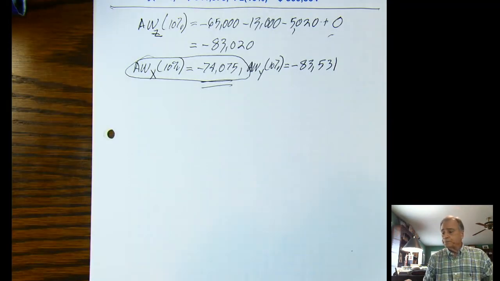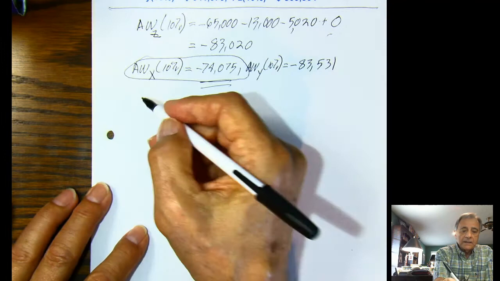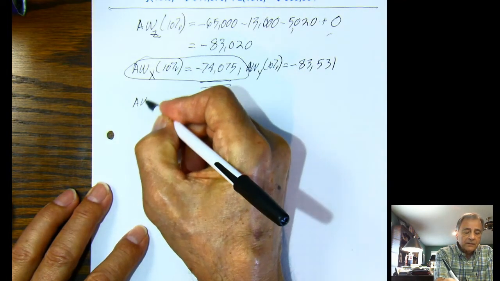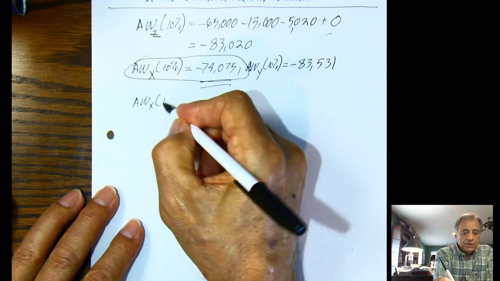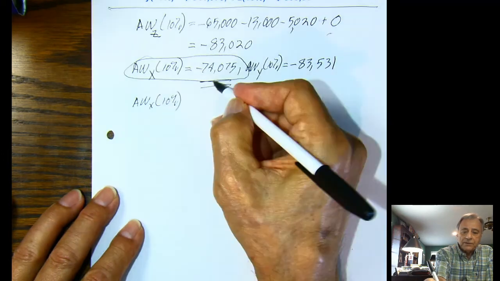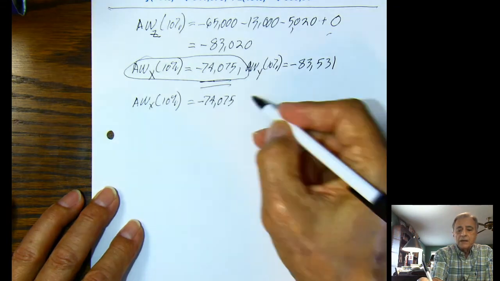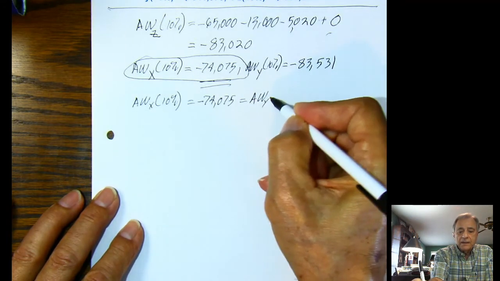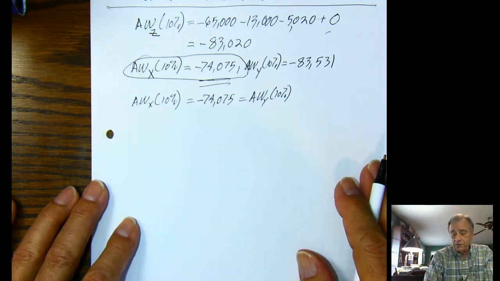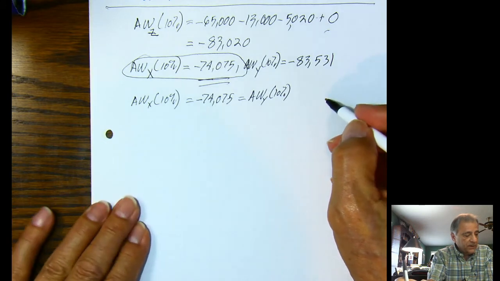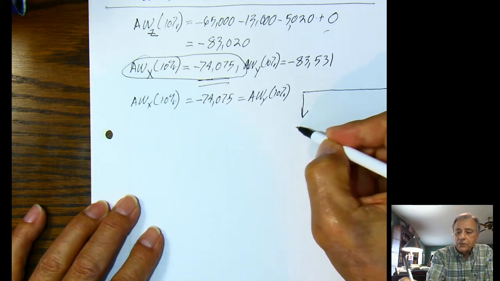And so I'm basically going to take and set the annual cost of X, just to start with at least, which is the 74,075, equal to the annual cost of Y, where the initial cost of Y is unknown. Remember, the cash flow for Y looked like this: minus 400,000 here.